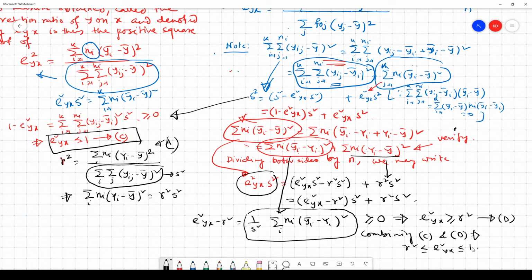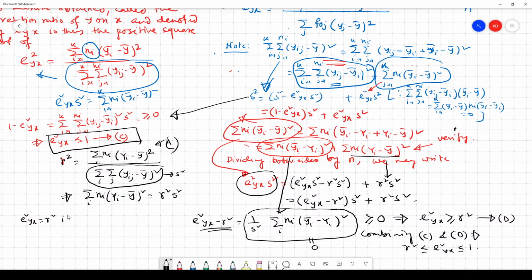Now we see that if e square yx equals r square, this means the sum of squares should be equal to 0. This occurs if and only if each individual term is 0.